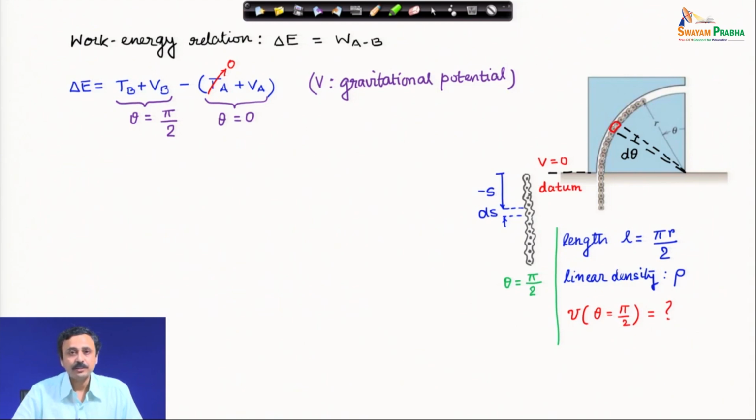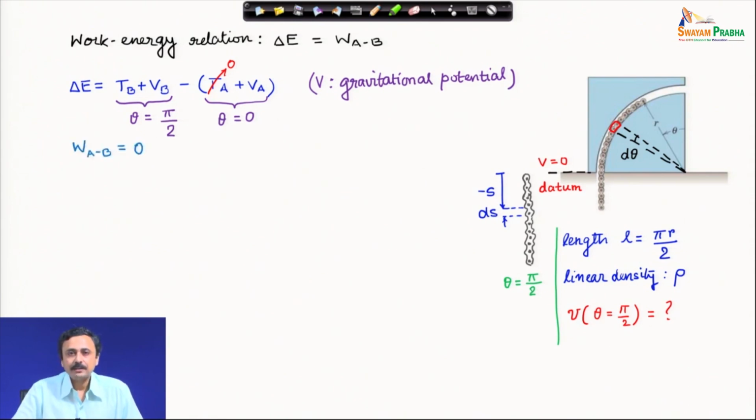Had there been friction, then that would have come through friction, because friction acts tangent to the path, and then the problem gets more complicated. Anyway, our problem is frictionless. Now, we have to calculate the kinetic energy and potential energies at these two locations.